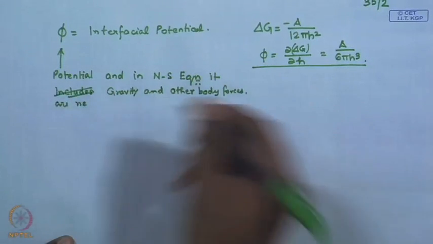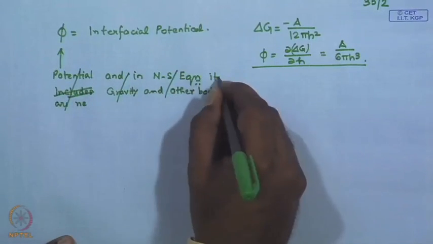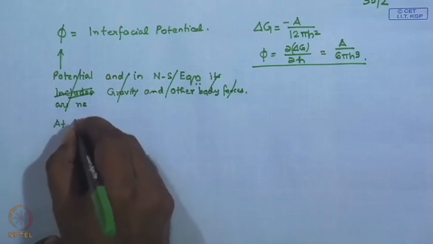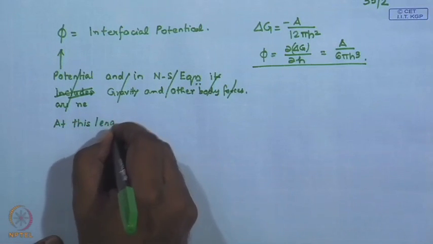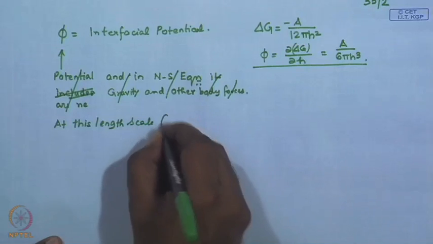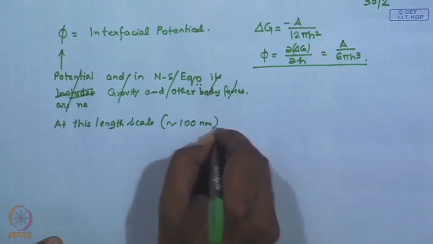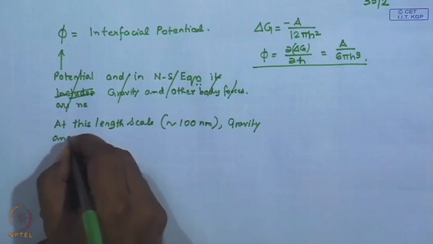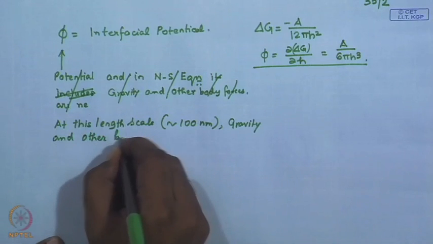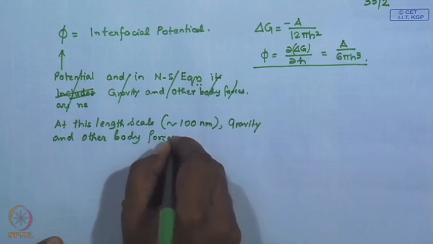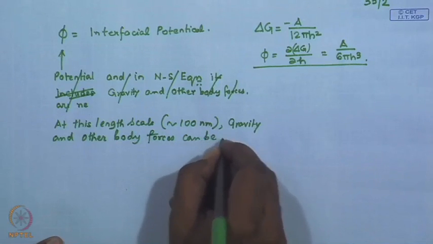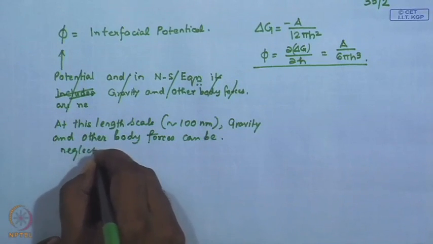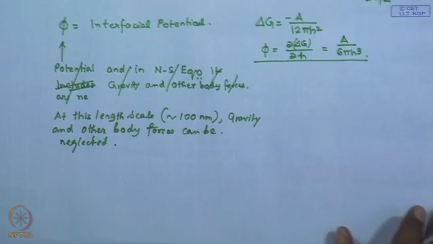Let me put it like this for simplicity: at this length scale, which is of the order of roughly 100 nanometer, we have already argued that gravity and other body forces can be neglected. Of course, you are talking of a situation where you do not apply any externally imposed electric or magnetic field, and that is the reason that they do not show up as body forces.